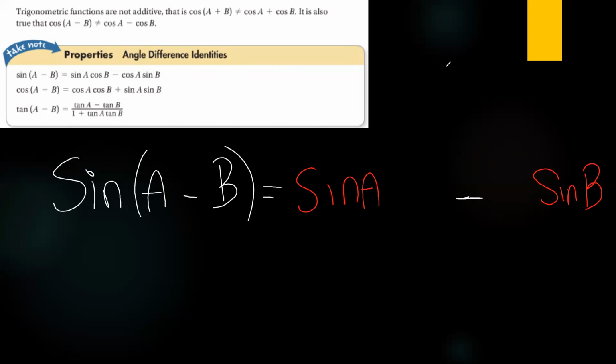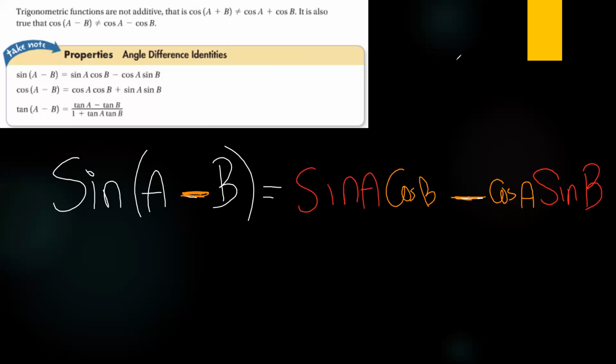Then since we have sine of A, we write cosine of B. The opposite of sine is cosine, and the opposite of A is B. For the sine of B, the opposite of sine is cosine, and the opposite of B is A. So the formula of sine A minus B is sine A cosine B minus cosine A sine B, and we keep the minus sign.